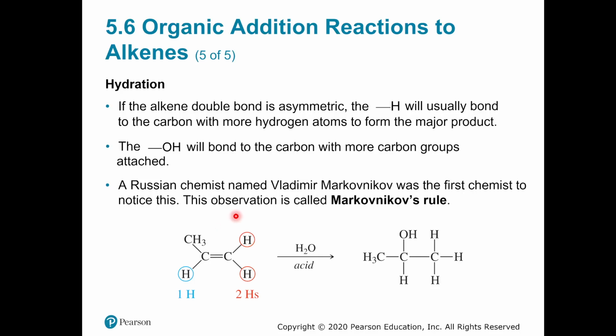And what's going to happen is the OH is going to be added always to the side with more carbon groups attached. So if we look here, we do a hydration, that OH is going to end up on this side because it has more carbons attached. The hydrogens always go to the side with the more hydrogens. Okay, and that's Markovnikov's rule. All right.